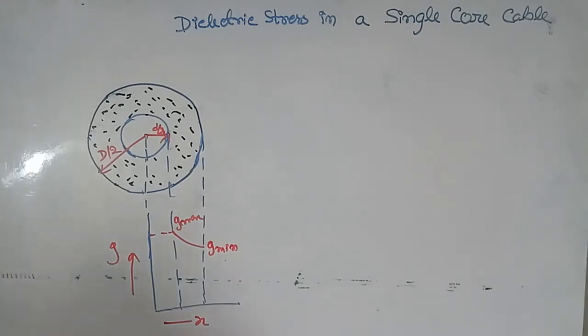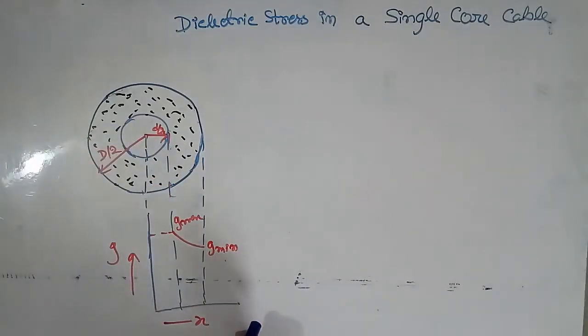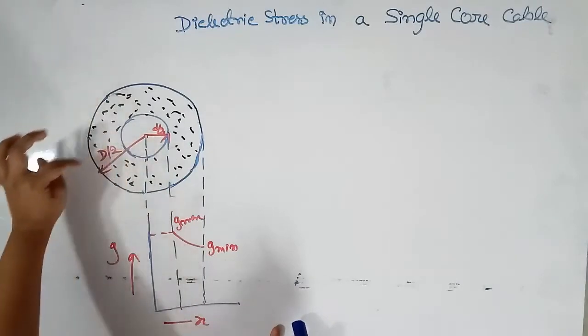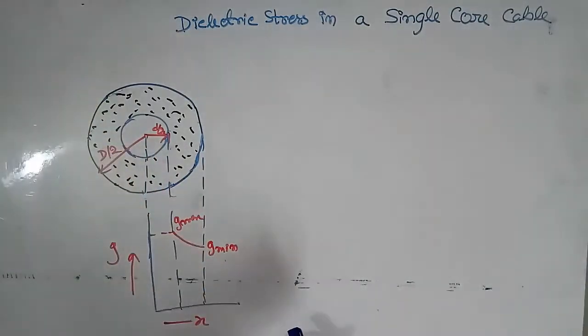Now consider a single core cable with core diameter small d and internal sheath diameter capital D. So the internal sheath radius is capital D by 2, and internal core radius is small d by 2.